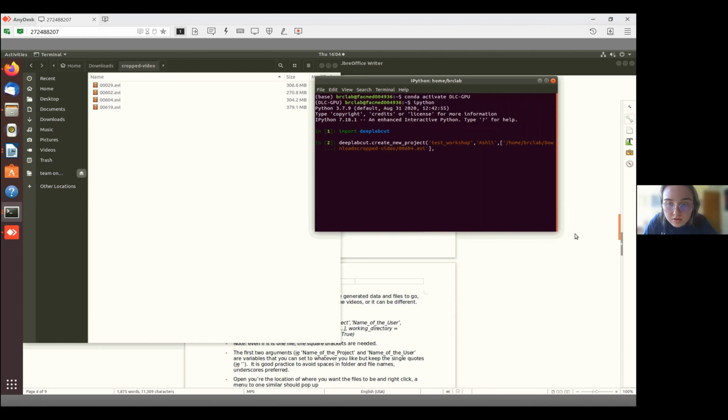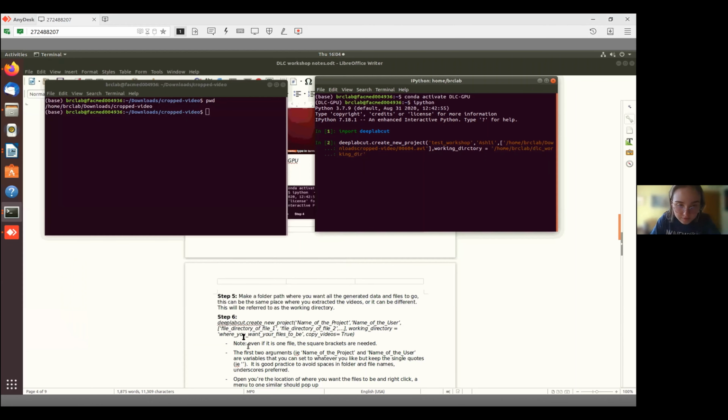And now we're going to set the working directory, which is where we chose before, working directory equal to home, BCR lab, DLC_working_dir. And then the last little bit, look down here, you want to have comma, copy_videos equals true. So hopefully I've spelled everything right.